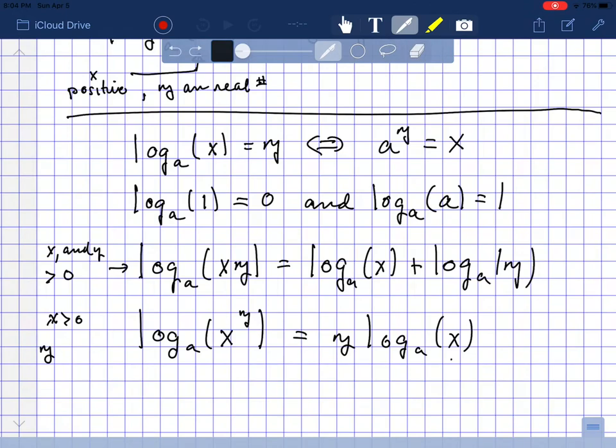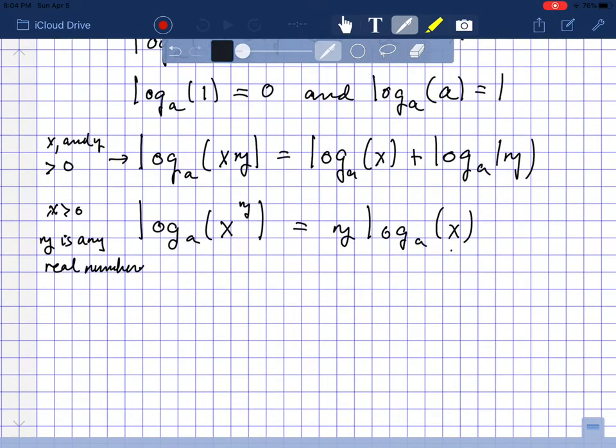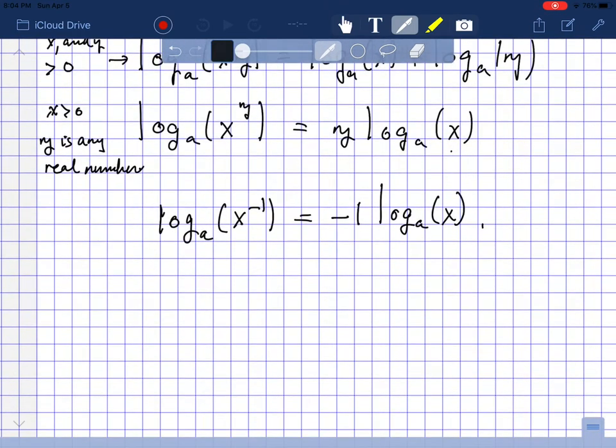So y can be any real number. So in particular, if I have the log base a of x to the negative 1, this is equal to minus 1 times the log base a of x.